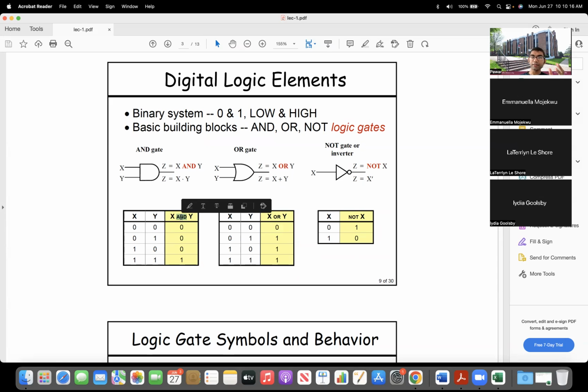First gate is the AND gate, second gate is the OR gate, third gate is the NOT gate, and we are expecting an output. So I'll explain what output and how you calculate that. But this is what we are doing in this slide, right? So we are taking some variables and using them to generate an output by applying these three logic gates. First is an AND gate, second is an OR gate, and third is a NOT gate.